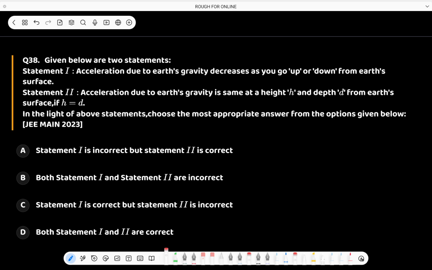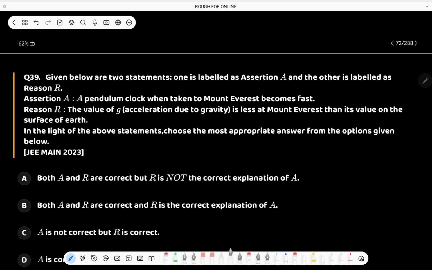It is twice with height compared to that with the depth, which implies that the first statement is correct, but the second statement is incorrect. Hence the answer to this question is that statement first is correct and statement second is incorrect.